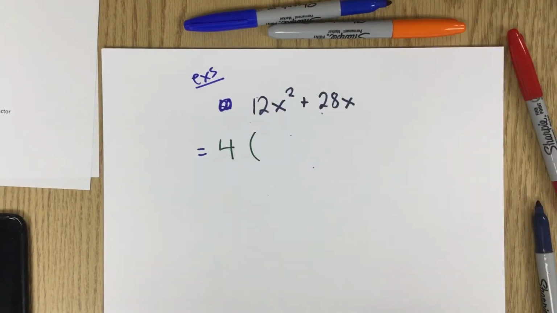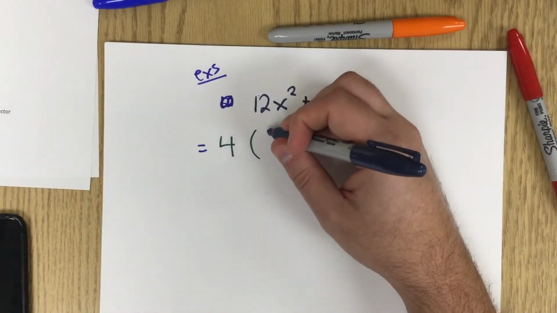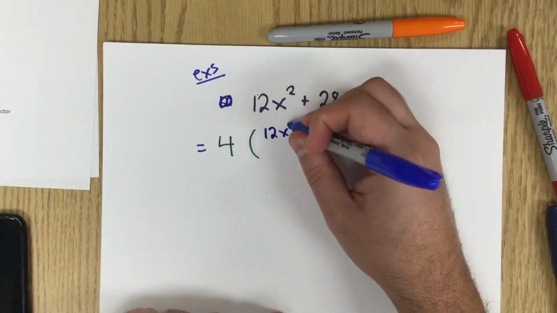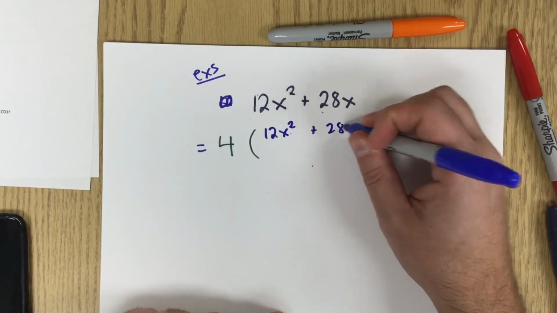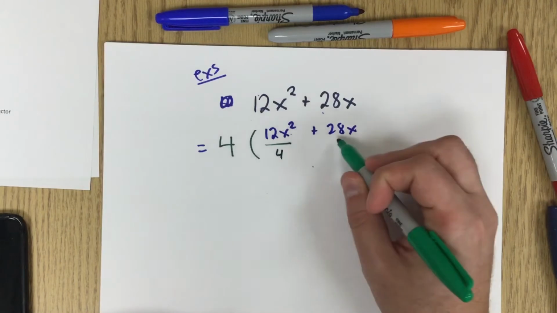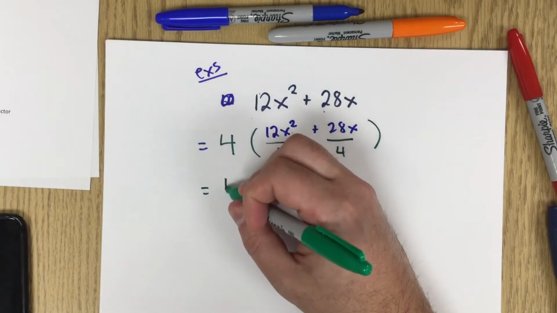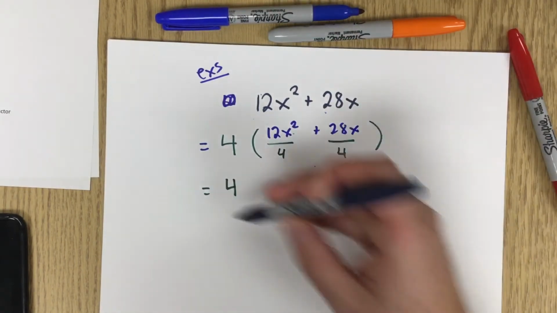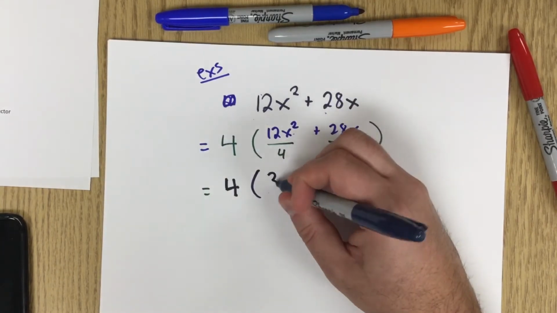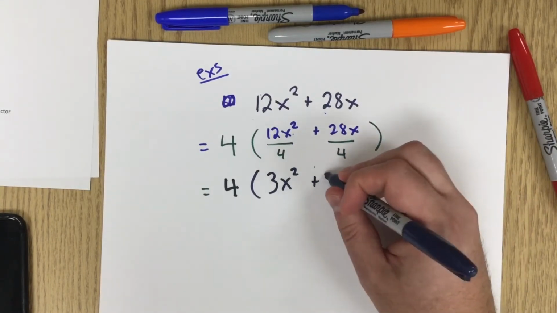And then what I do is I'm going to take each one of those things and divide each of them by 4. And it's going to be 4 times 12 divided by 4 is 3x squared, and 28 divided by 4 is 7, plus 7x.